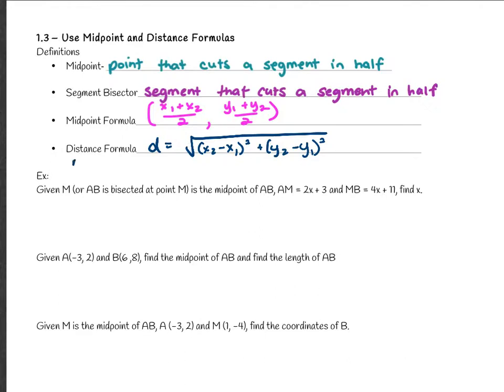Remember that distance is also known as the length of a segment. The difference between this and what we did in 1-2 is that in 1-2, that segment is horizontal or vertical. It lies along the same line. In this case, you're given coordinate points. So this could be a line that's diagonal on your coordinate plane that you have to use the distance formula to find the length of.